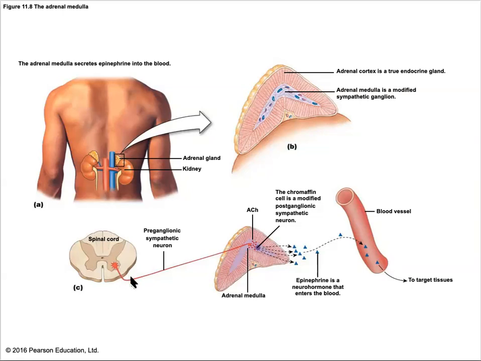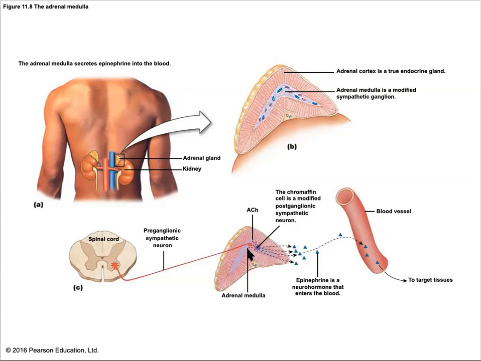It extends out, and in this case, it sends its axon into the adrenal medulla. Okay, and this is, as we've learned, where the acetylcholine is released. Okay, and then on the membrane of that postganglionic neuron, we will find nicotinic cholinergic receptors, right?